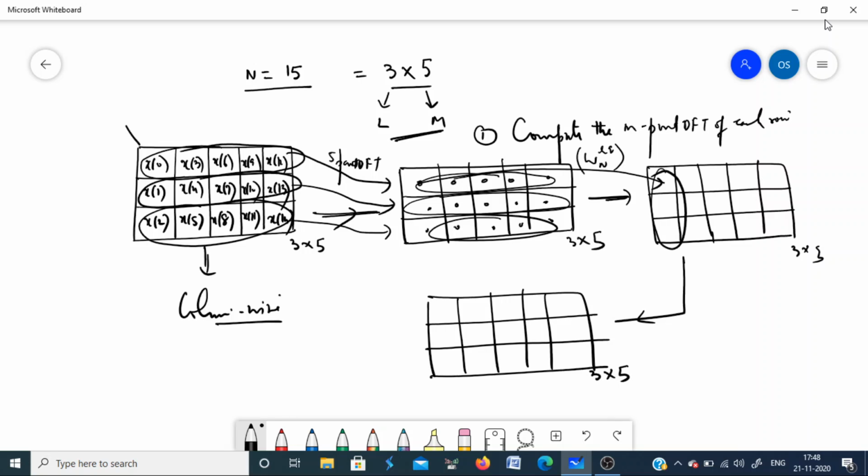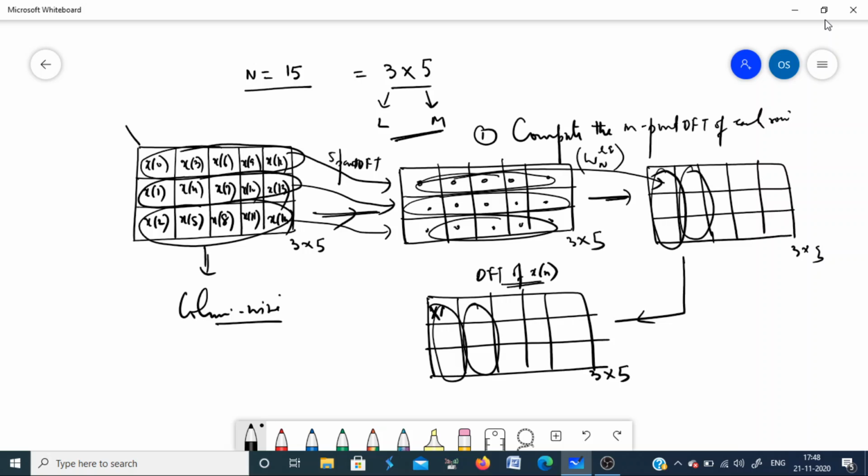So the 3-point DFT of this will be stored here. Then the 3-point DFT of the next column will be stored here, and so on. Finally this matrix will give you the DFT of x(n), and your DFT will be stored in row-wise format.